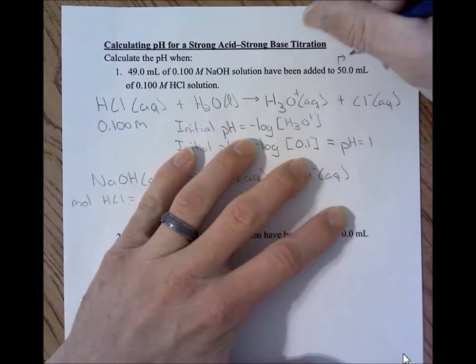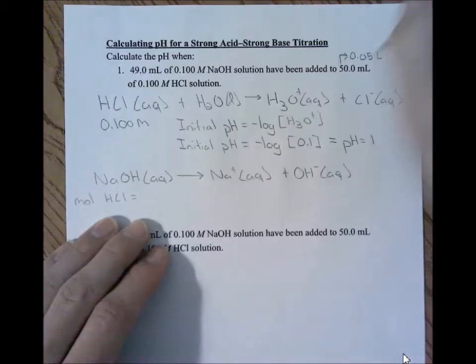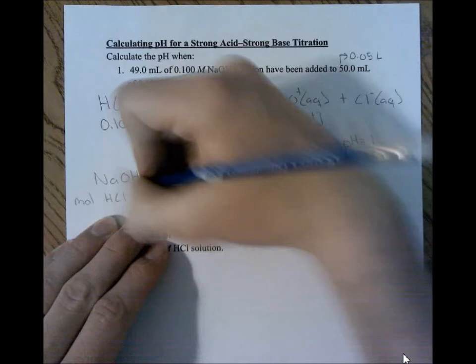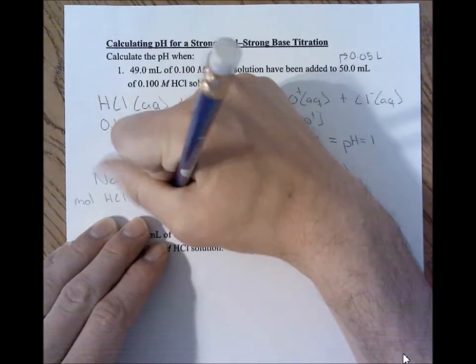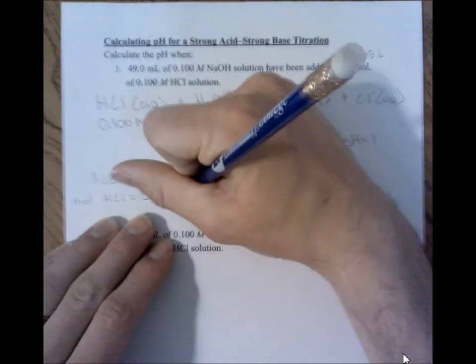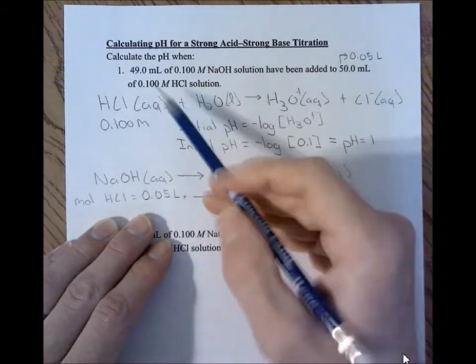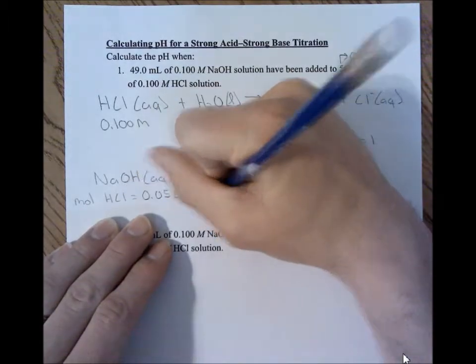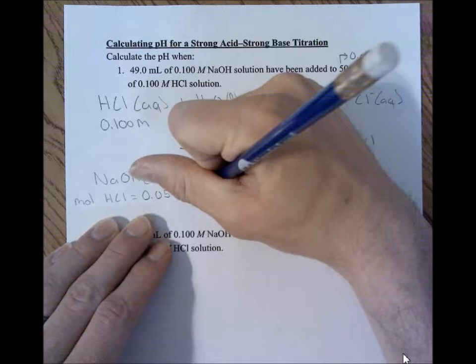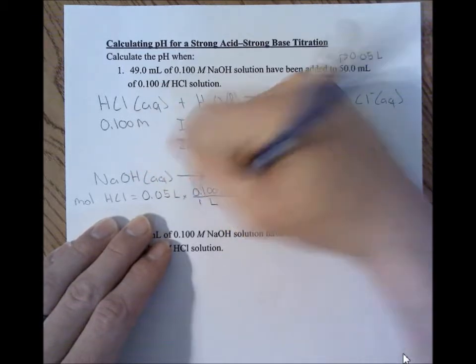And this is important coming up here, 0.05 liters. We start out with what we have, which is 0.05 liters of HCl, and we multiply this by our molarity. Now our molarity is 0.1 molar. What that means is that there is 0.1 moles of HCl per every liter.